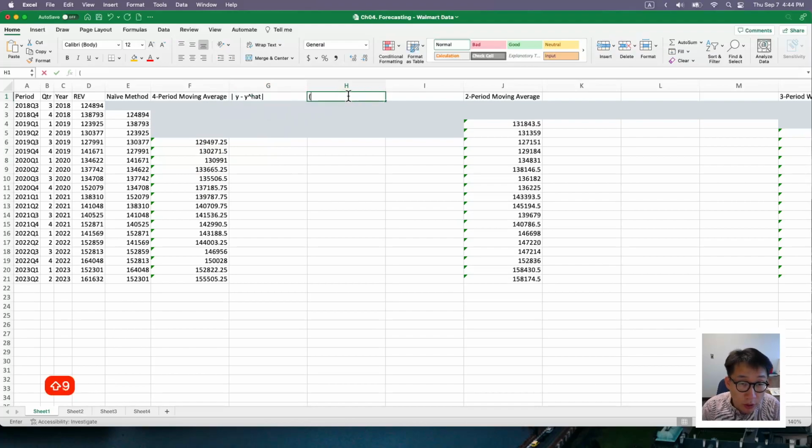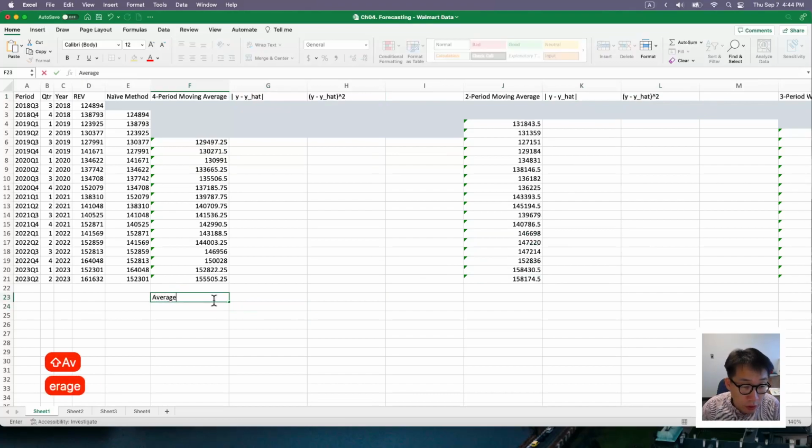The next approach is y minus y hat, and then squared. So I think this will make it work. I'm going to do exactly the same thing with this, and then I'm going to do total and average.